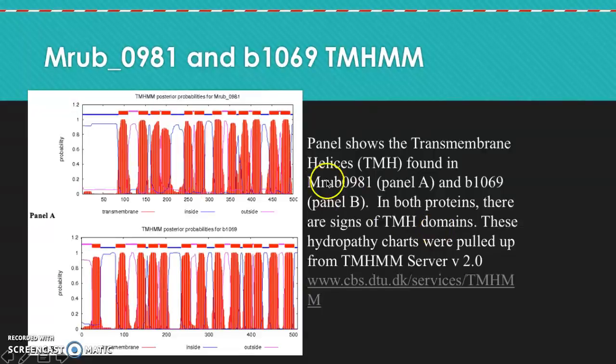And with this set of genes specifically, the lipid 2 flippase, it would make sense because the protein brings lipid 2 molecules from the inside to the outside of the cell, so you would expect to see a lot of transmembrane movement.